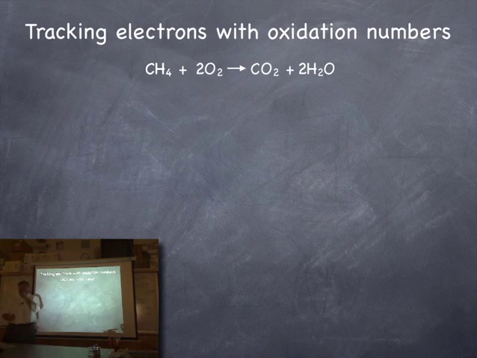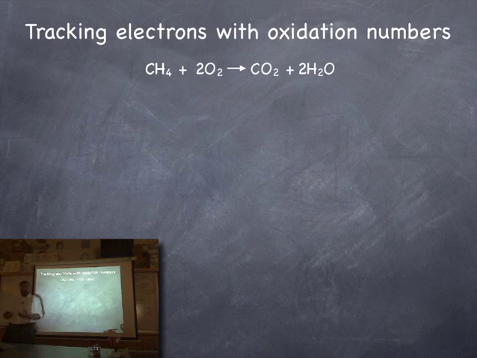So to do that, we use what we call oxidation numbers. Oxidation numbers and oxidation states are a lot like charges, except we assign oxidation numbers to neutral elements or covalent compounds.